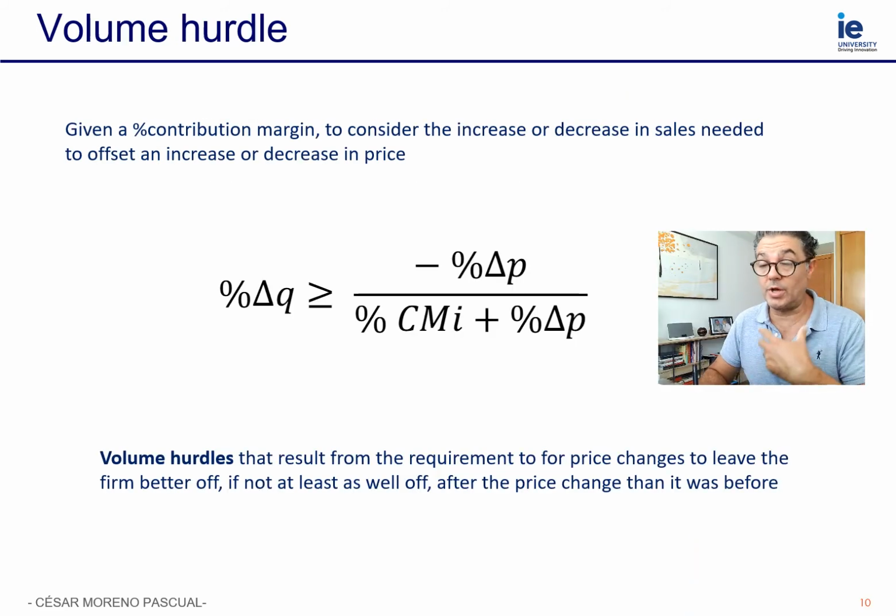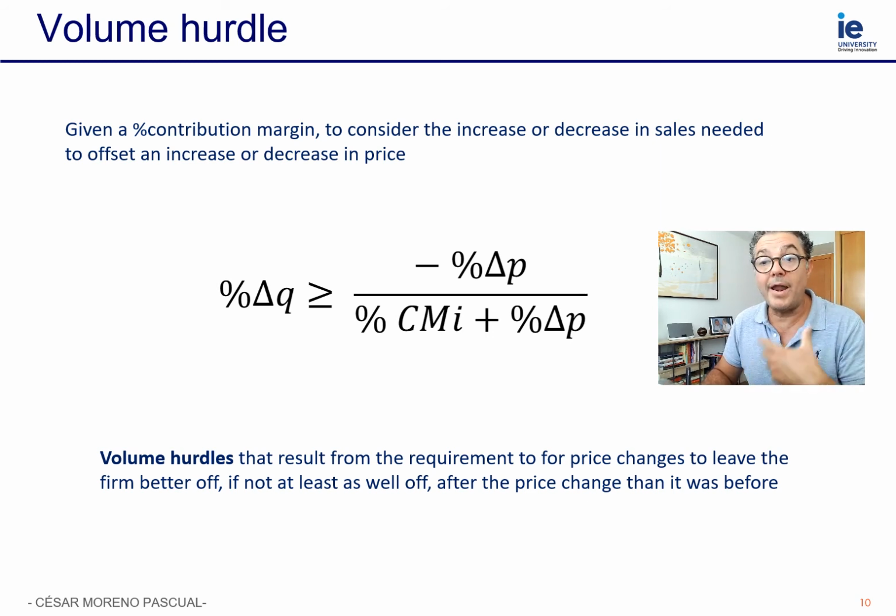Regarding costs and margins, specifically the contribution margin, some managers use what is called volume hurdles. What is a volume hurdle? Given a percentage of contribution margin at this moment, you are considering an increase or decrease in prices.